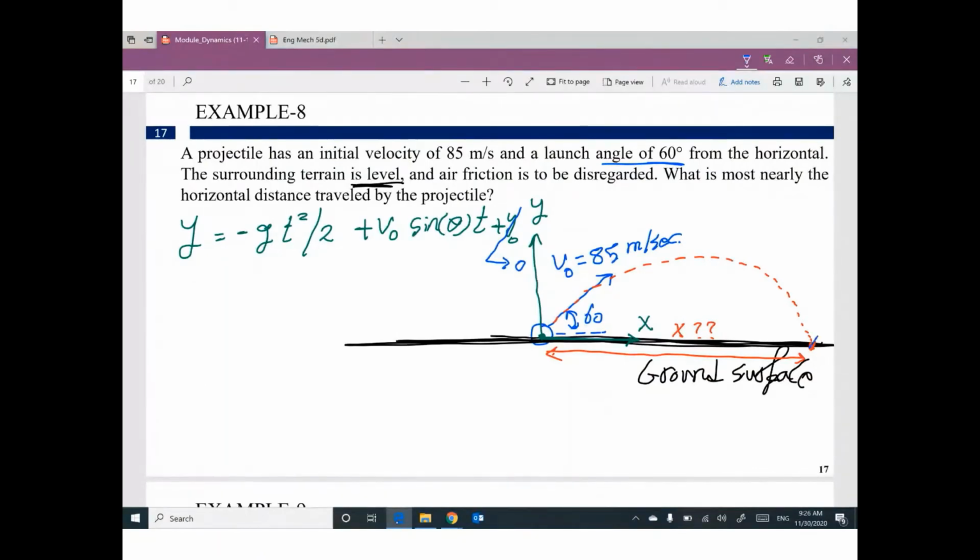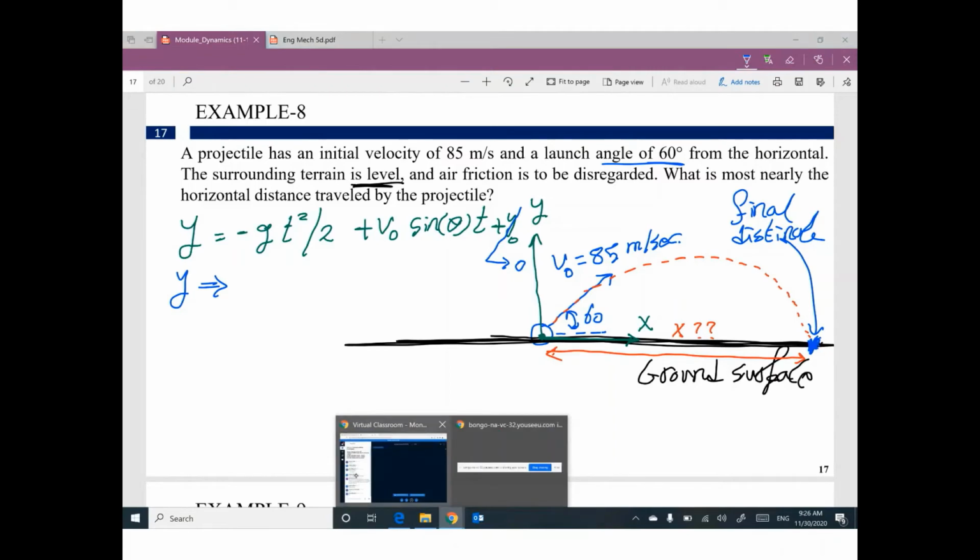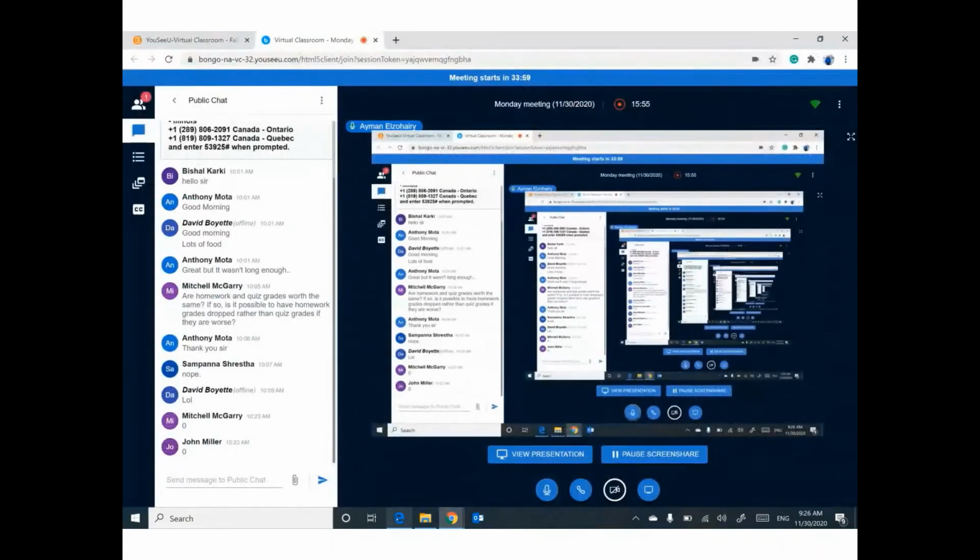At the final destination here, what is the value at the final destination? What is the value of y? Anybody can tell me what is the y coordinate of this location? Any answer? Thank you. 0.